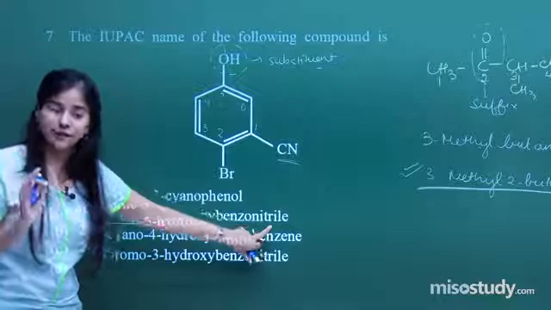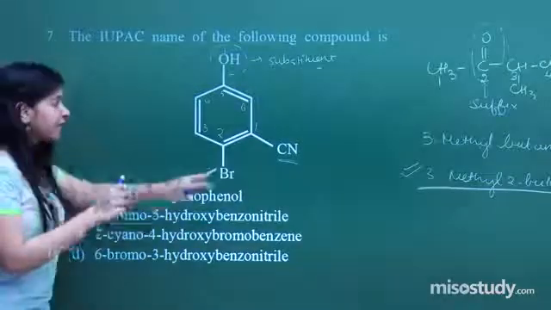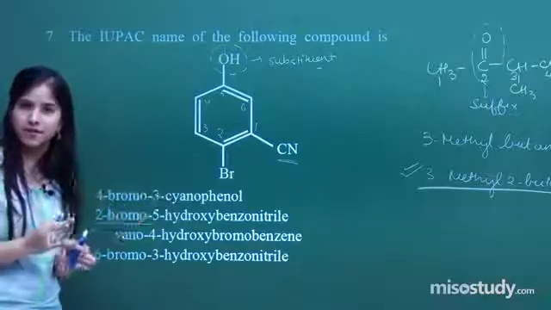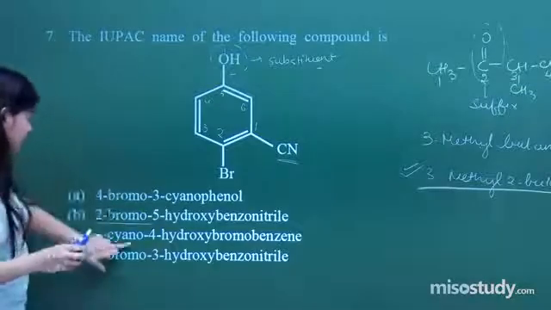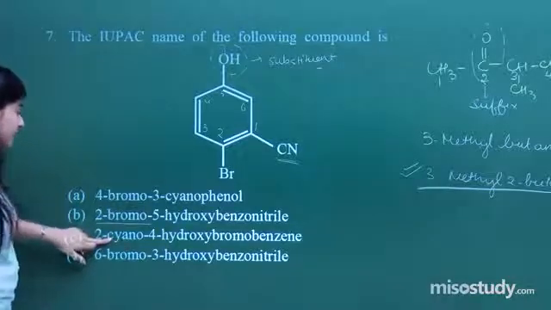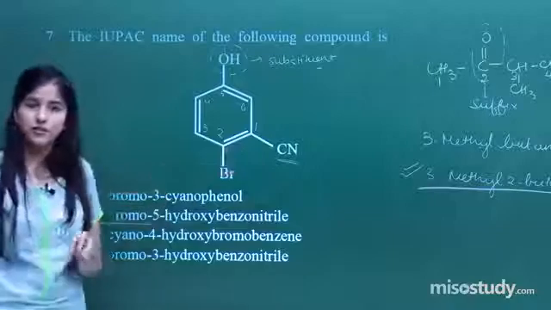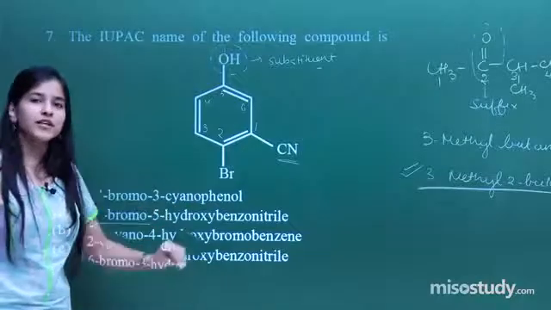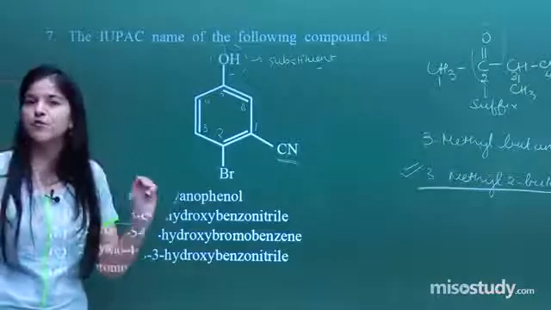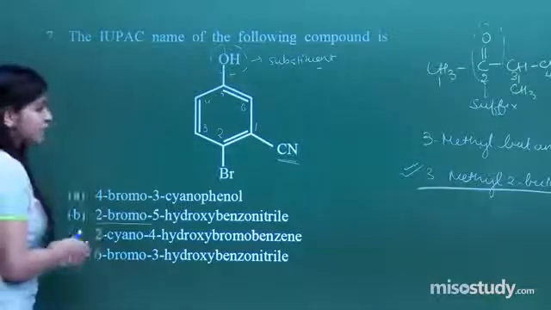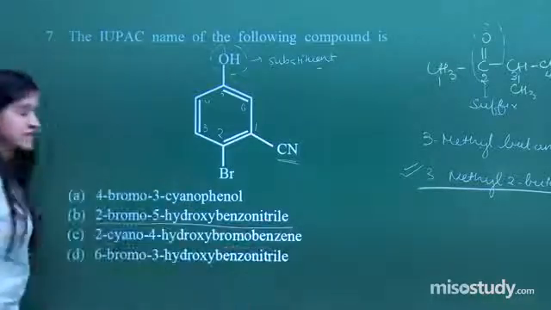Suffix of CN, the cyano group. If this CN had been present in the substituent part, I would have named it cyano. But here it is present as the main functional group, so it is included in the suffix part, the nitrile for the CN group. So it would be 2-bromo-5-hydroxybenzonitrile is the answer.